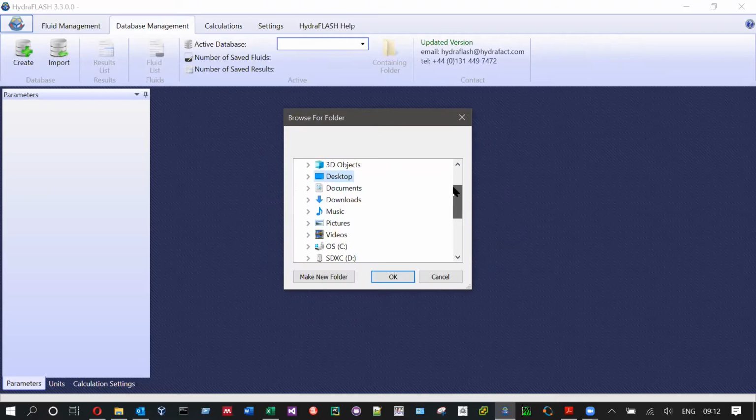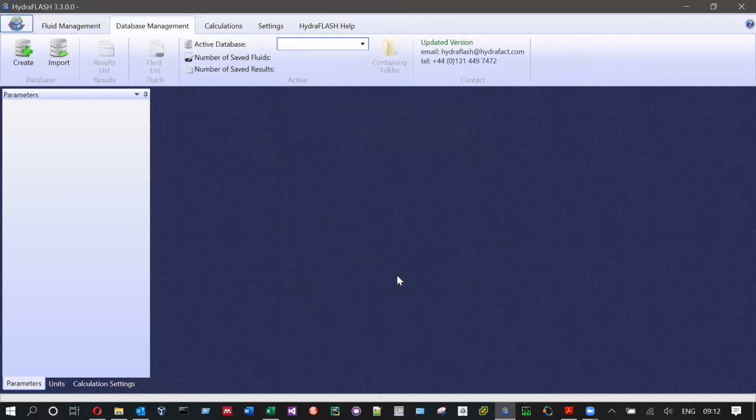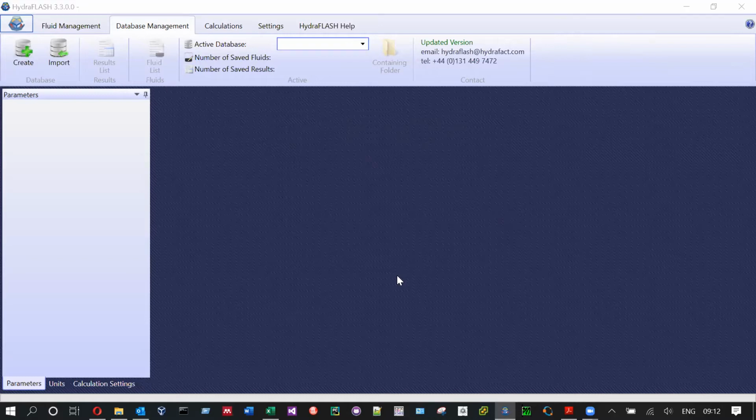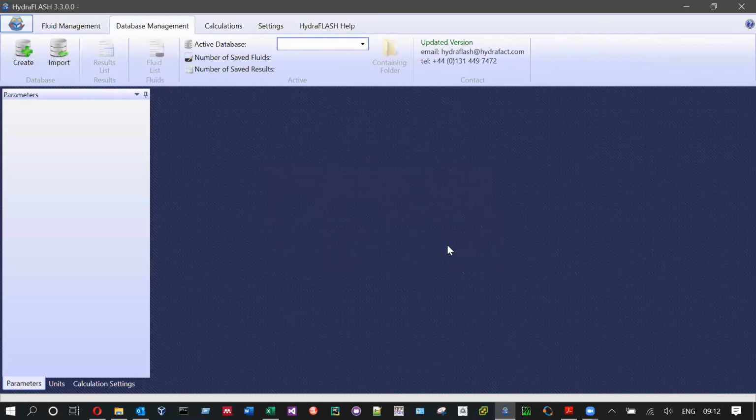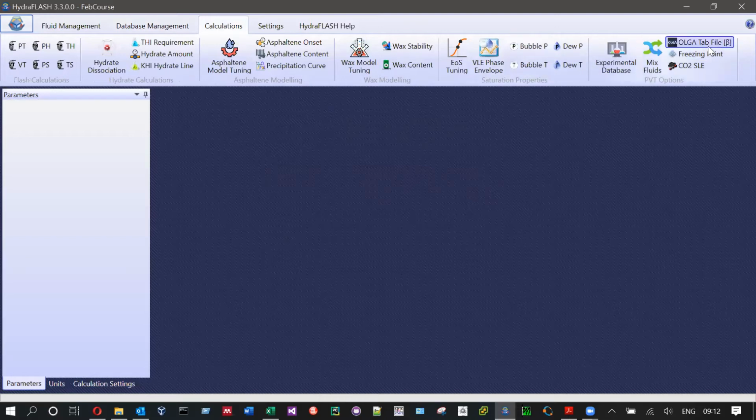I give it a location, which is my desktop, and that's done. The active database is now the database I just made, and all these calculation buttons are now active, so I can start performing calculations and creating compositions.